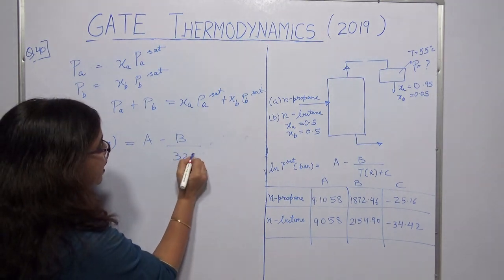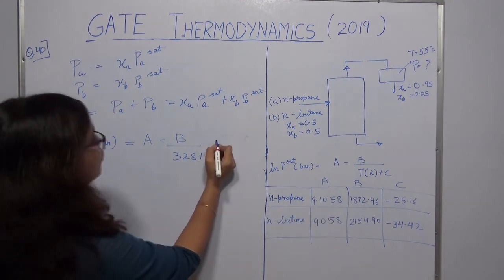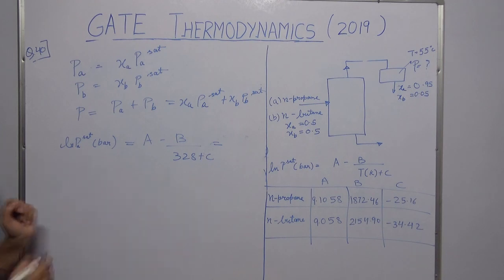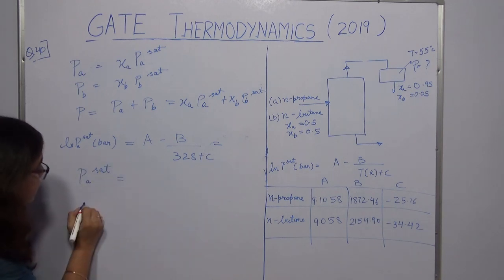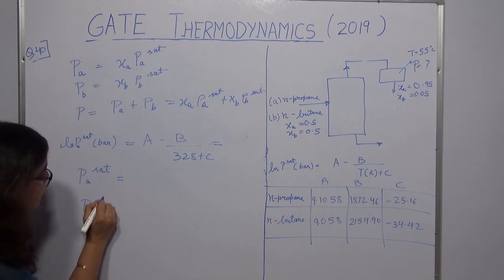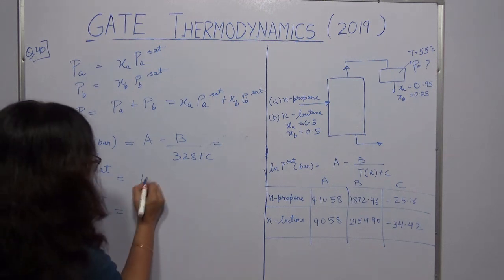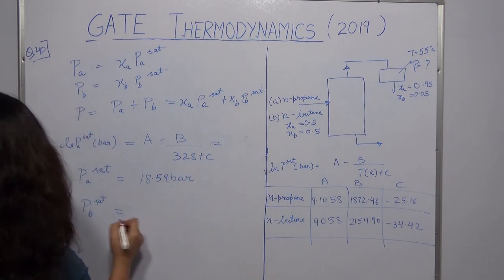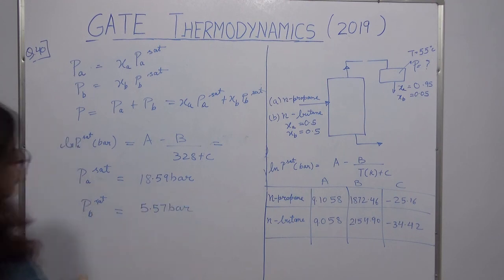So it will be 328 plus C. If I plug in the values of A, B and C for n-propane and then do the calculation, I'm going to directly write the values of the saturation pressures which I get, so that when you are doing the calculation you can check whether you get the same values. So it is 18.59 bar for propane and 5.57 bar for n-butane.